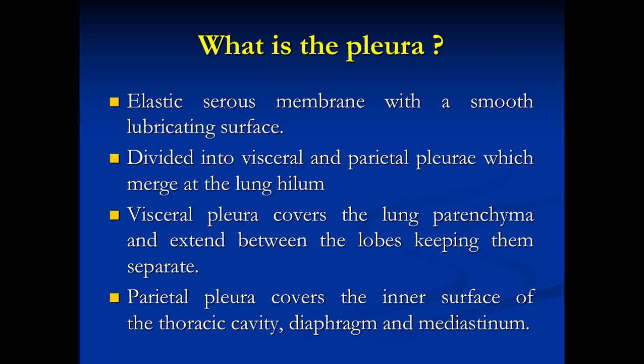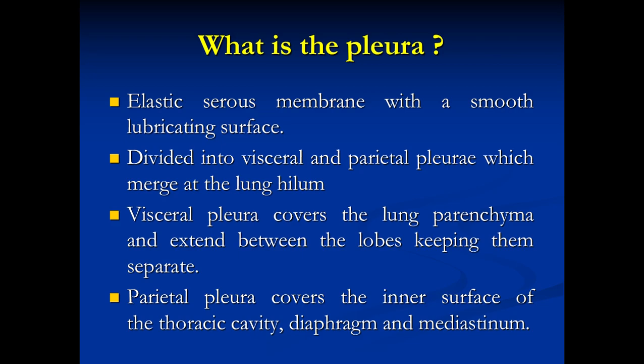So it has two layers: a visceral one, which is inseparable from the lung, okay, and the parietal one, which is lining the chest wall and covering the diaphragm and covering the mediastinum. So we have a parietal one and a visceral one.